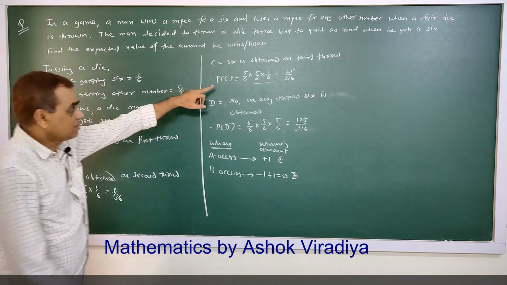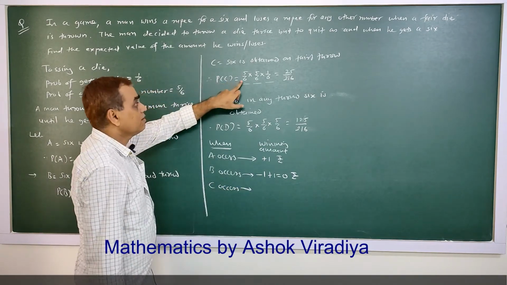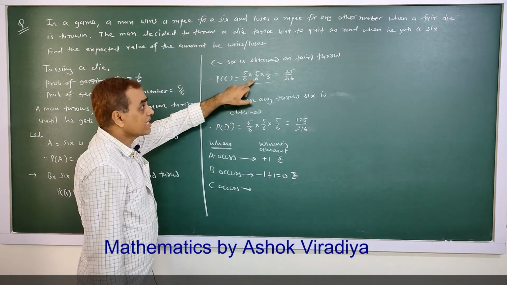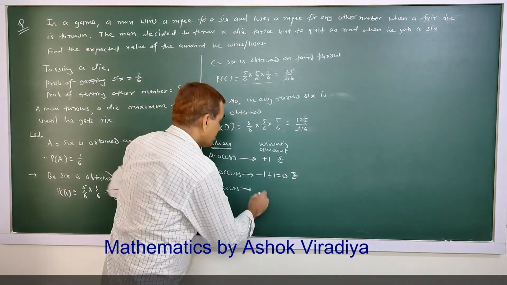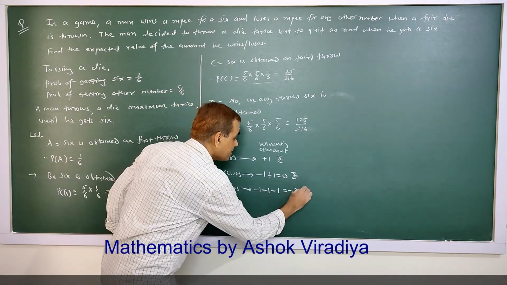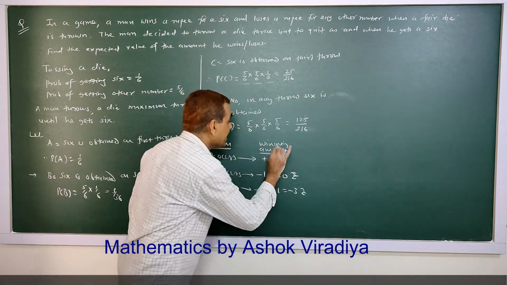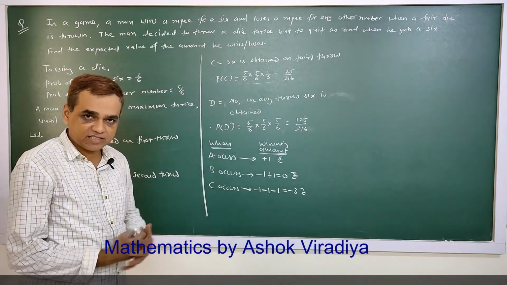If event C occurs, means first time other number, second time other number, third time also other number. So all 3 times he is losing 1 rupee. So winning amount is minus 3 rupees. We are defining this amount in these words, winning amount. So putting minus.